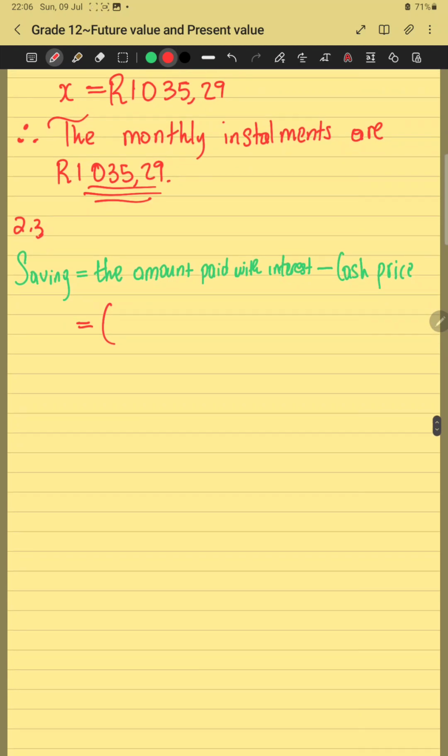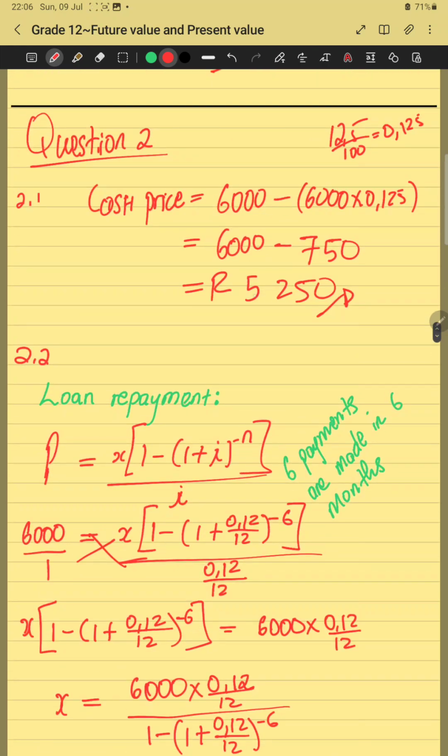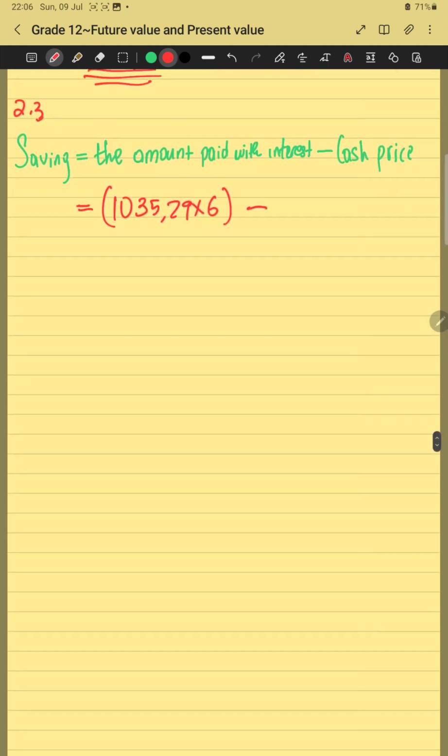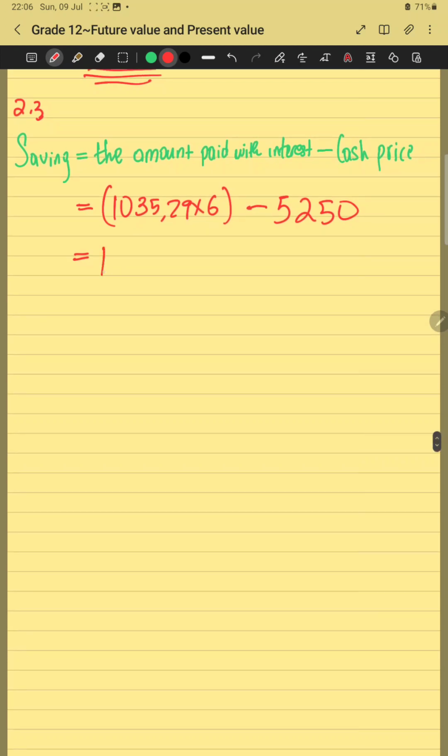So it's going to be this amount times 6, and then minus the cash price we've just got initially, the 5,250, and then we just work this out, and then we get 961.74.